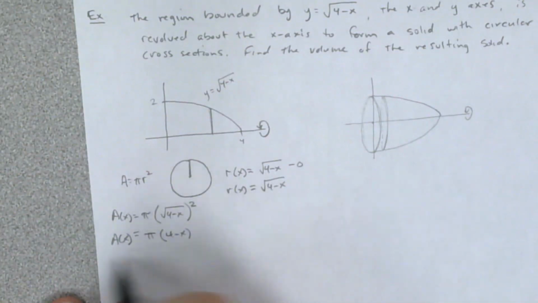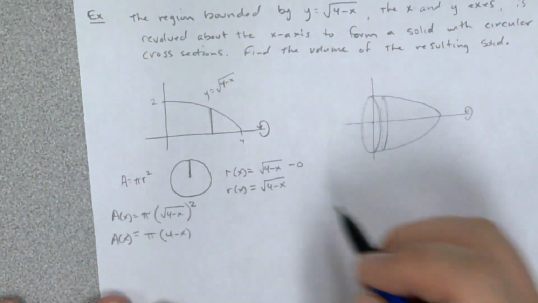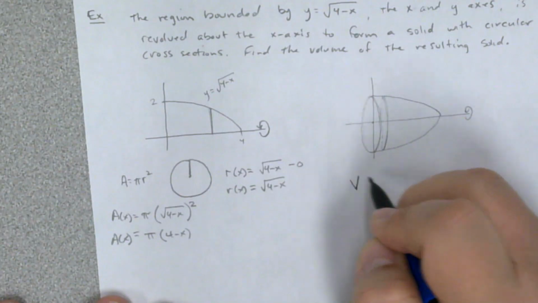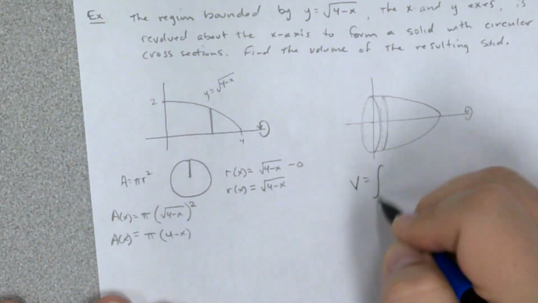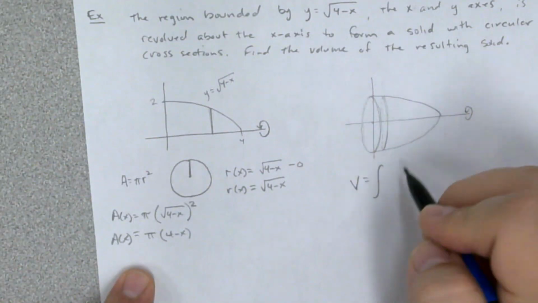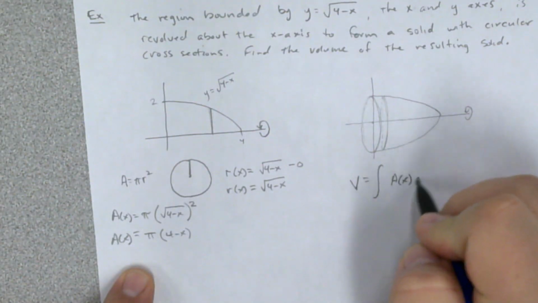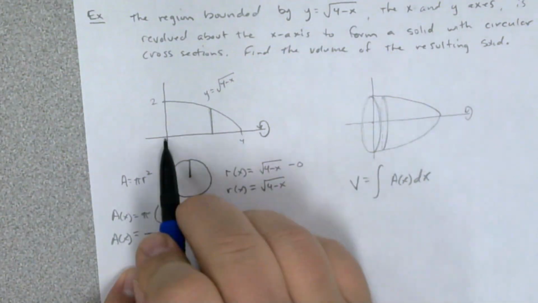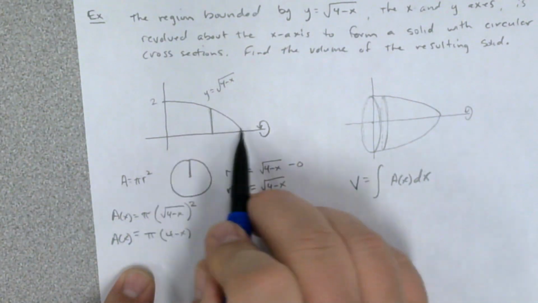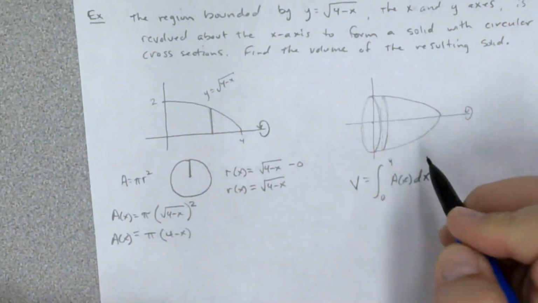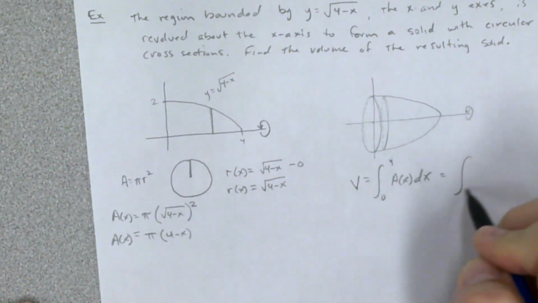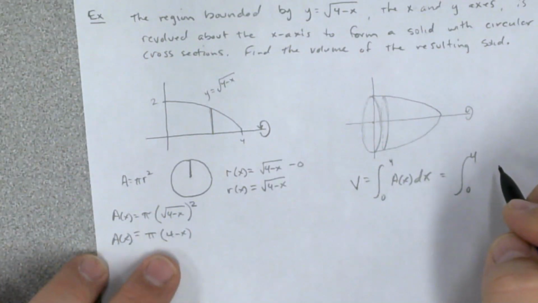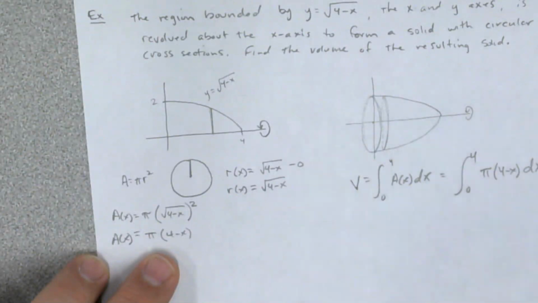Once I know that, then I can do my integration. So my volume is the integration, and we'll do the limits in just a minute, of A of x dx, and these are going to go from 0 to 4. So this gives me the integral from 0 to 4 of pi times 4 minus x dx.